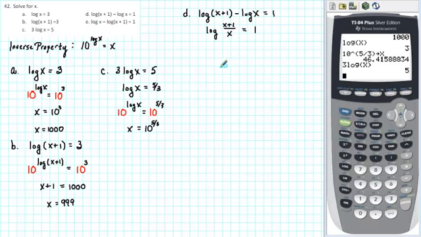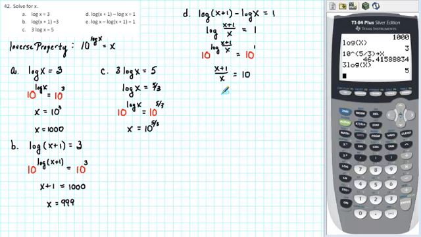Now that we have a single logarithm on the left-hand side, we'll exponentiate both sides base 10. On the left-hand side, we use the inverse property to simplify the expression, and that leaves us with the argument of the logarithm, which was x plus 1 over x. And on the right-hand side of the equation, we evaluate 10 to the first power, which is just the number 10.